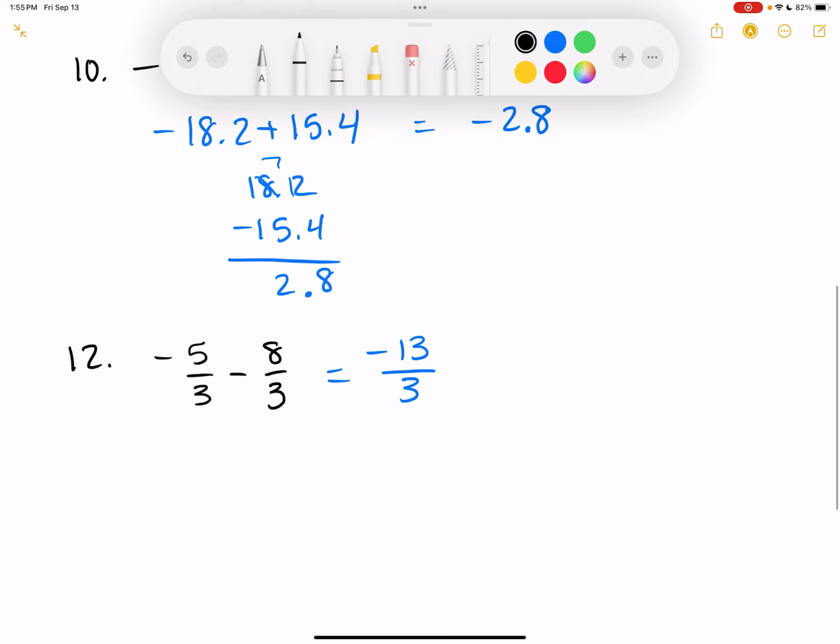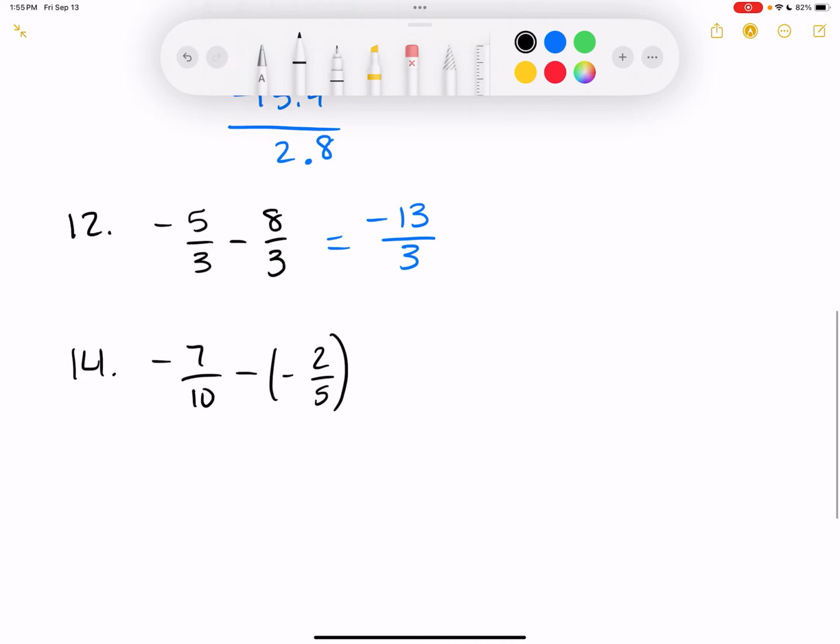Now, what if I have fractions, but instead they don't have the same denominator, like this one? What do I have to do? You have to find a common denominator. What would the common denominator be for this one? 10. So what do I need to do to get this one to be 10? Multiply them each by 2.